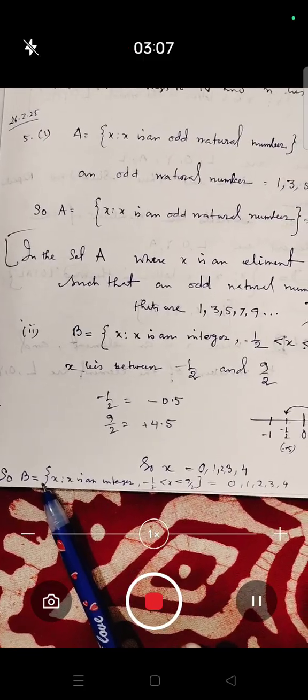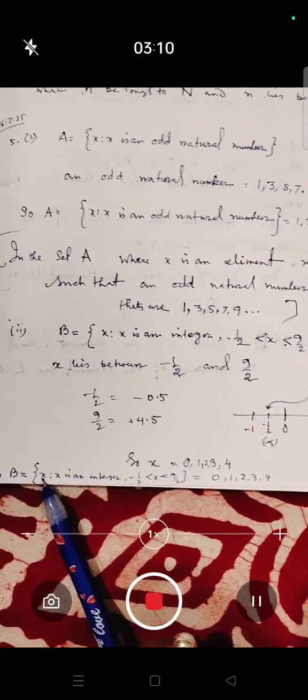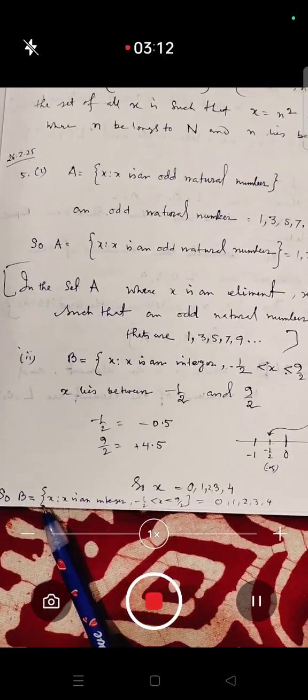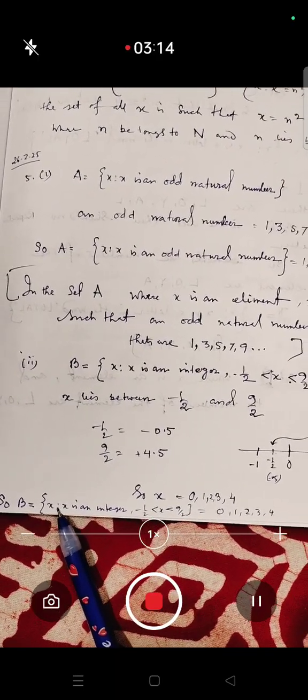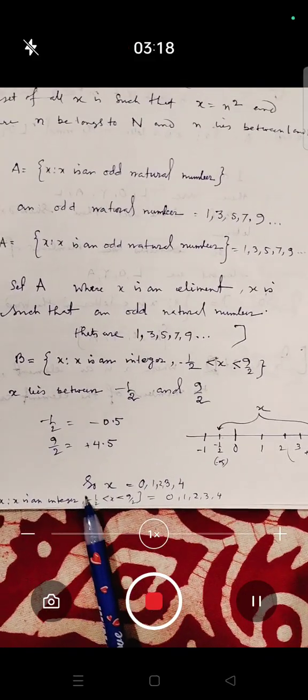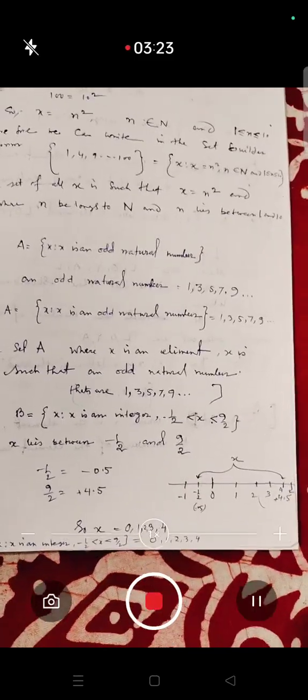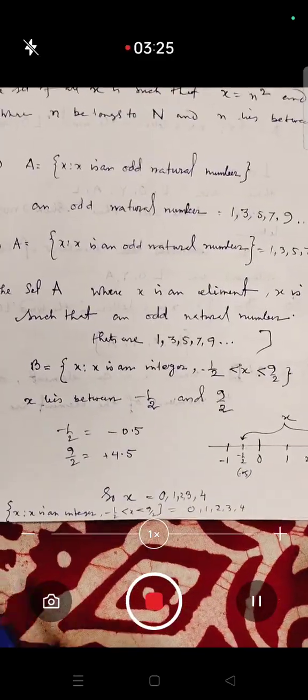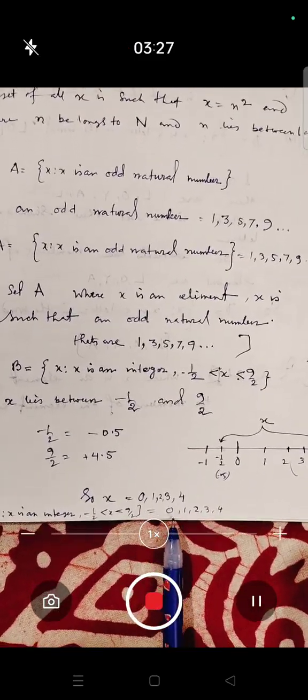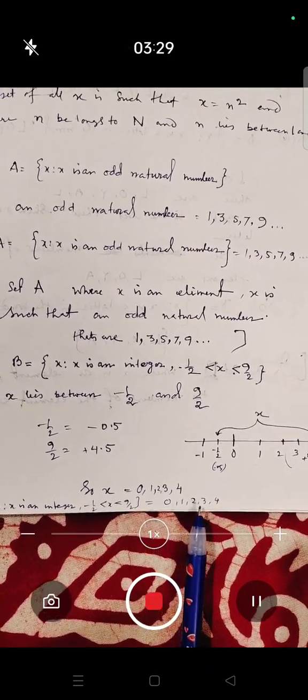So B is a set where x is an element of that set, x is such that x is an integer where x lies between minus half and 9 by 2, which are 0, 1, 2, 3, 4.